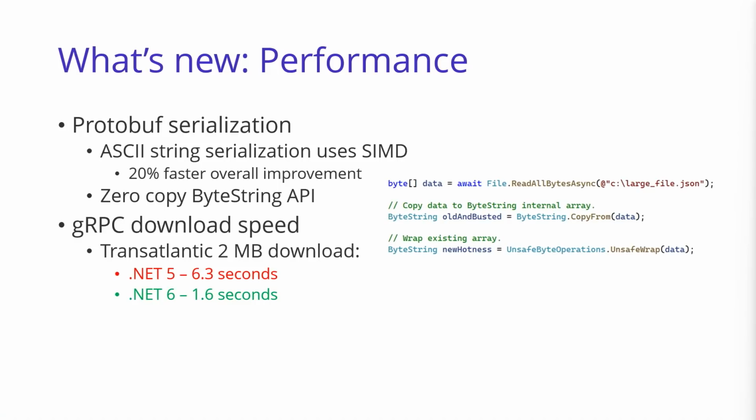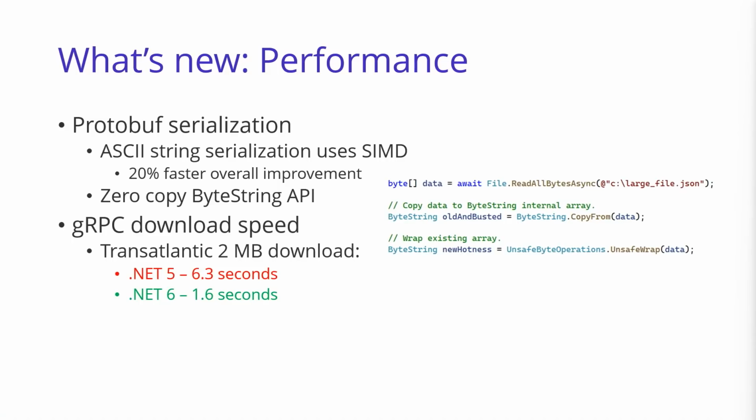gRPC download speeds are much faster when downloading large files and there's latency. So in .NET 5, we noticed that HTTP2 back pressure was limiting download speeds when there was latency. There was a fixed buffer size and it was just getting filled up too quickly. What we've done in .NET 6 is now the underlying HTTP2 library will detect if there's latency between the client and the server.